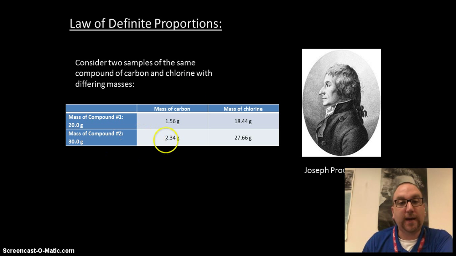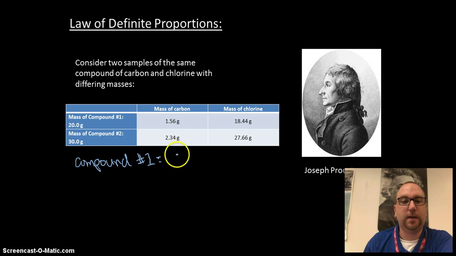And so what I have here is some data, two samples. It's the same compound, just different masses. One's 20 grams, one's 30 grams. If we look at the mass ratio for compound 1, we look at the ratio of grams of fluorine to grams of carbon.